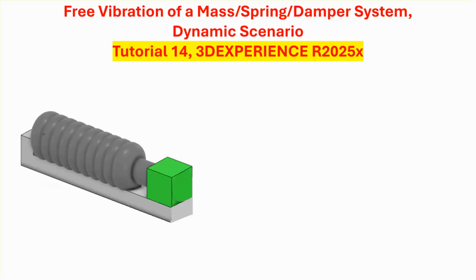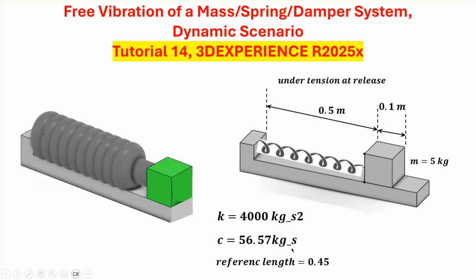For example, if you have a single degree of freedom system as shown, consisting of a mass, spring, and a damper, which is not shown here incidentally, sliding on a surface, notice that there is no indication of what the initial condition is except when you specify the reference length of the spring.